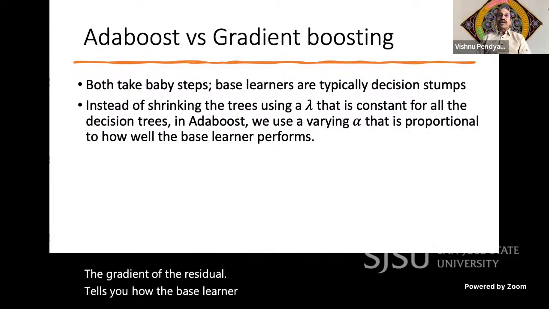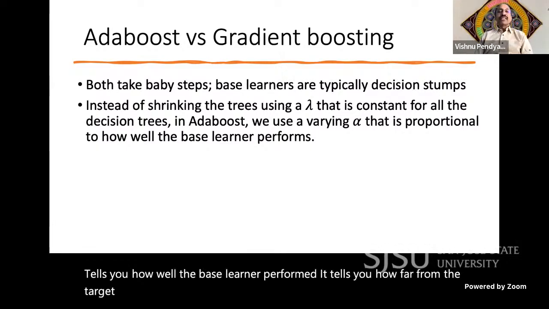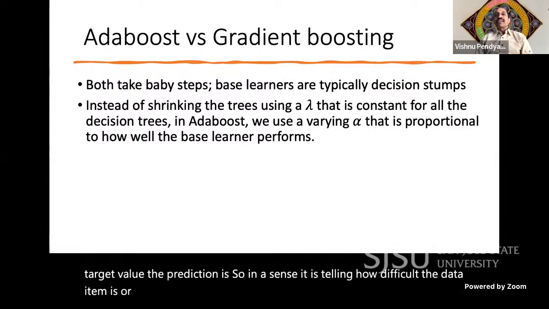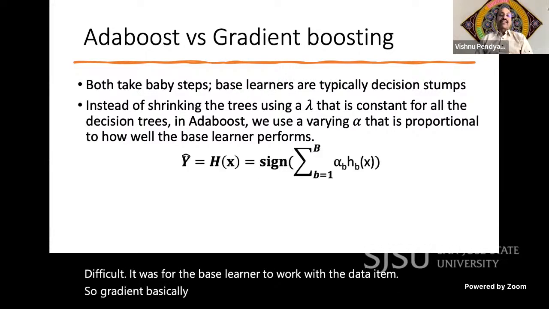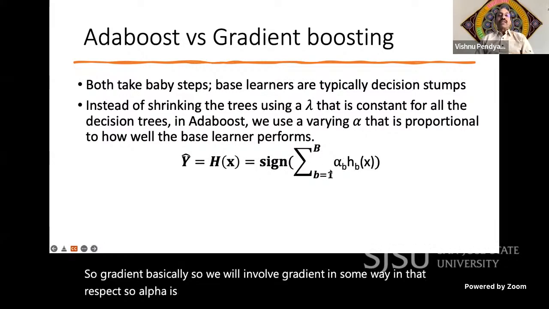It tells you how far from the target value the prediction is. So in a sense, it is telling how difficult the data item was for the base learner to work with. So gradient, basically. So alpha is going to involve some component of gradient.